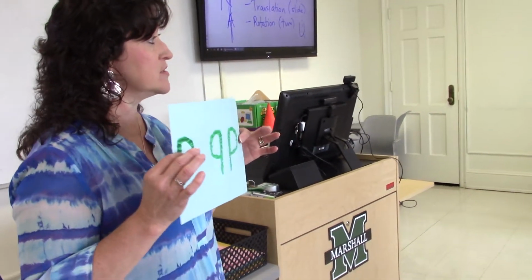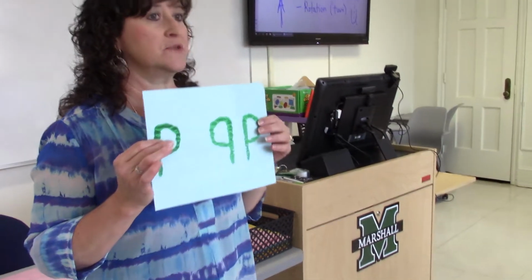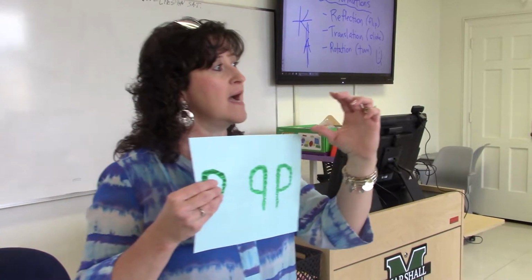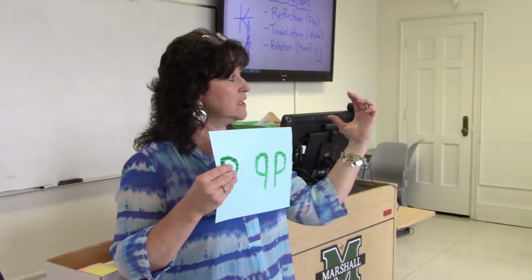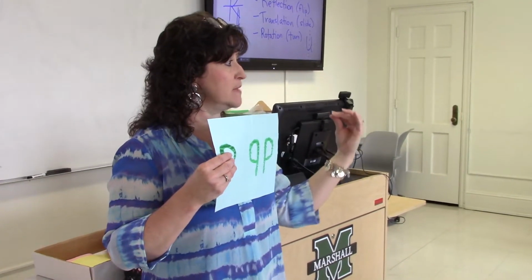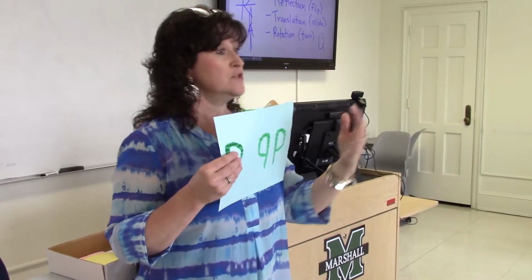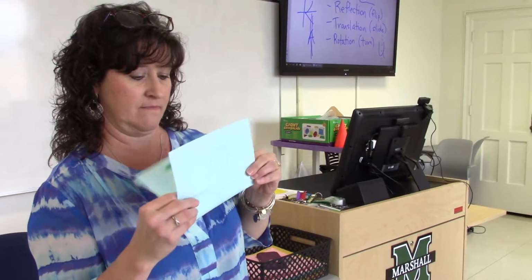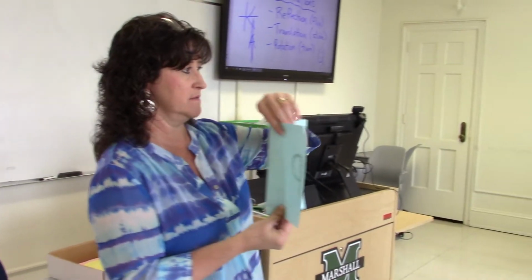This is a translation. Now let me tell you what a translation is. A translation is taking an image and sliding it over a line of symmetry and you end up with the same thing. So, for that reason, everybody look, this is a translation.